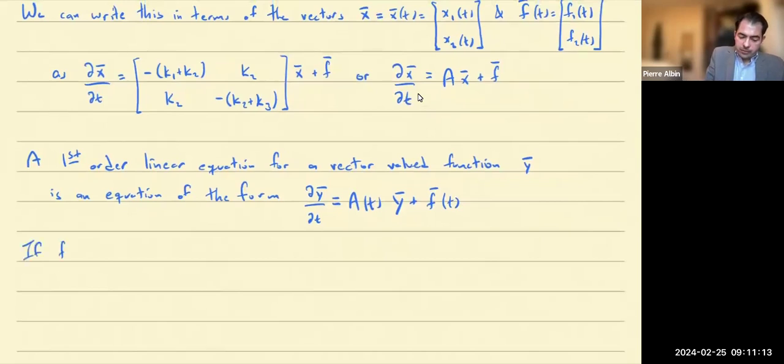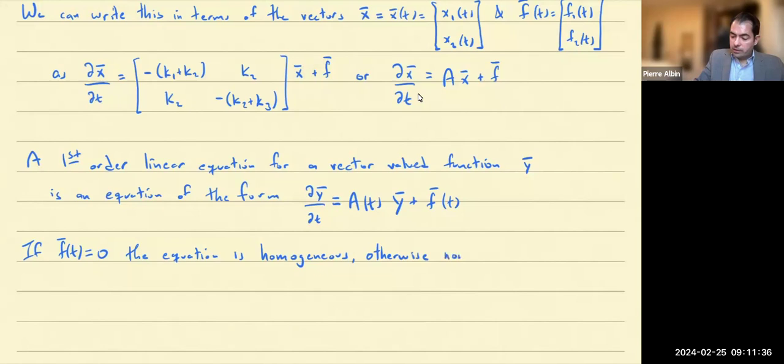If this forcing term is identically zero, then the equation is said to be homogeneous, just like when we had scalar valued functions. Otherwise, non-homogeneous or inhomogeneous.